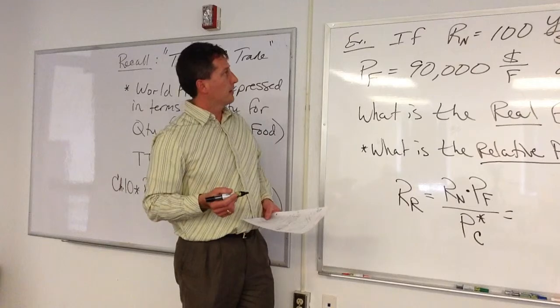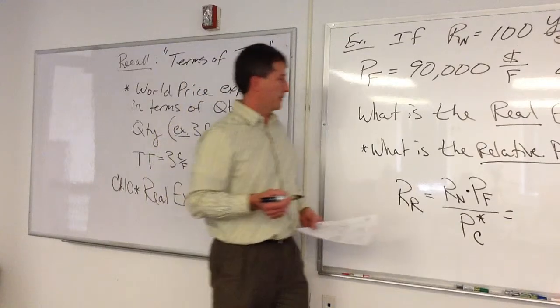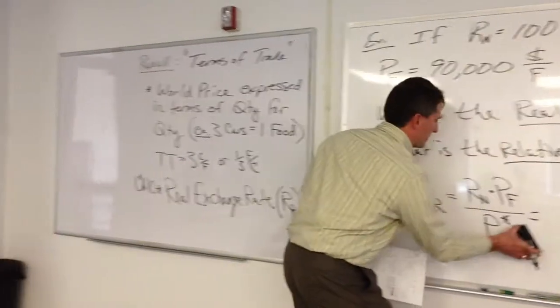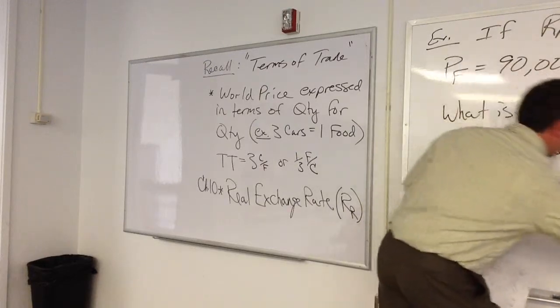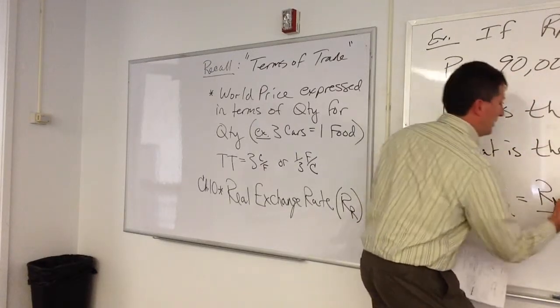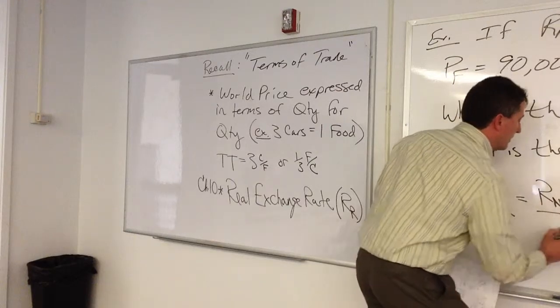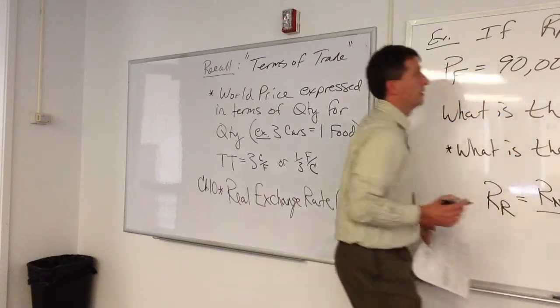Let's see, did I do that right? Actually, I got yen per dollar. I wanted to do that the other way around. Since we've got my yen per dollar up there, sorry. The price of a car over the price of food.